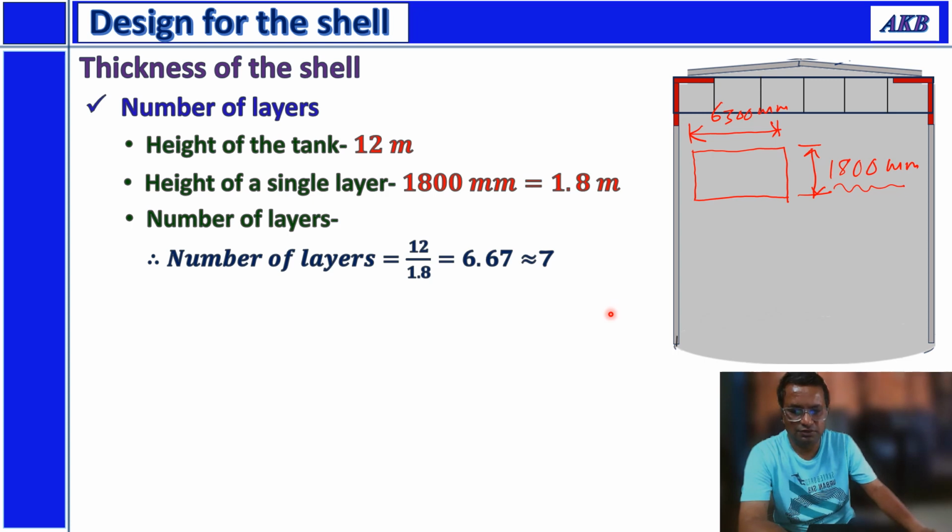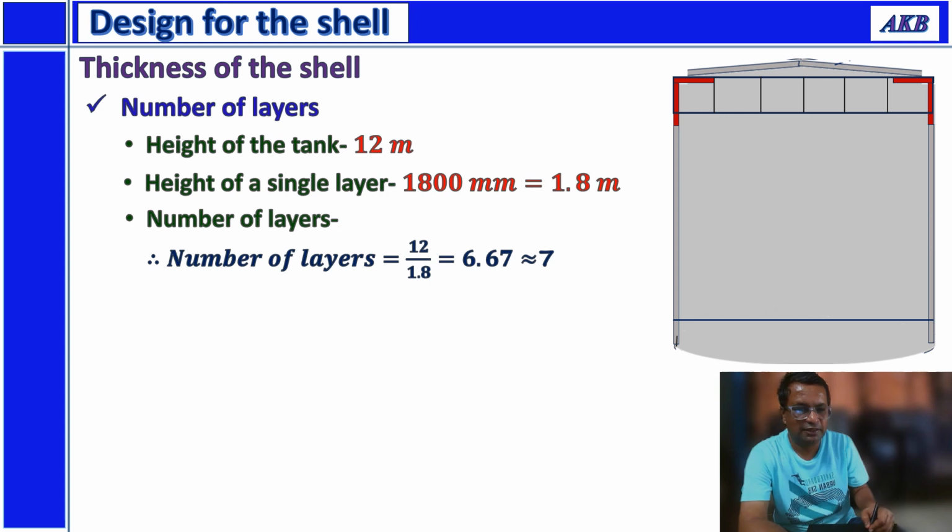So you can see that in the schematic diagram. I'll just erase this so that you understand it in a better way. So now you can see the storage tank. This is the first layer. And what is the height of this first layer? Height is 1.8 meter. Okay, so you need another 6 such layers, 6 layers of height 1.8 meter each.